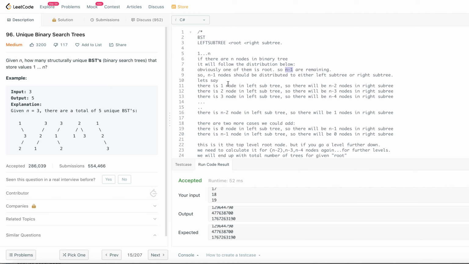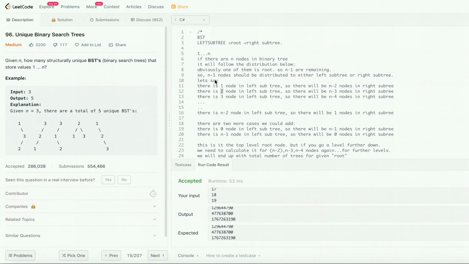Let's say there is one node in the left subtree out of these n minus 1. How many nodes will be on the right subtree? n minus 2, so the total is n minus 1. If we move further, say there are two nodes in the left subtree, then there can be n minus 3 nodes in the right subtree.